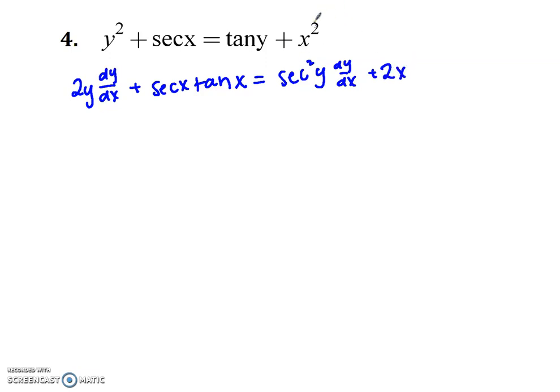And then the derivative of x squared is just 2x. So again, I have multiple dy/dx's, so I need to move these to the same side. So I'm going to subtract the secant squared, and that'll put all my dy/dx's on one side, and then I'm going to move the secant of x, tangent of x, over.